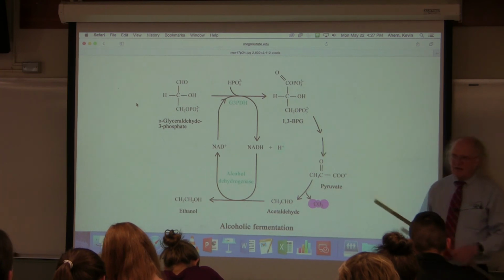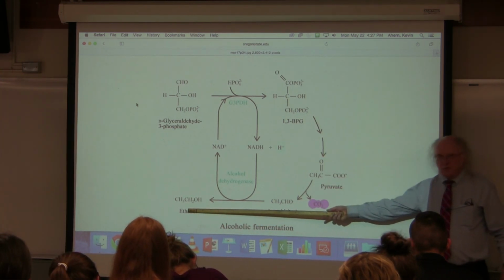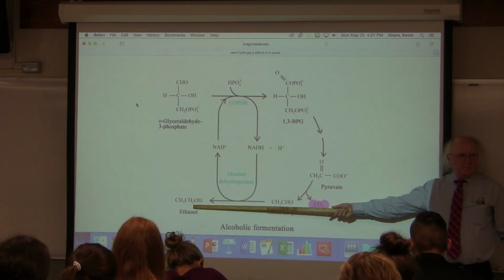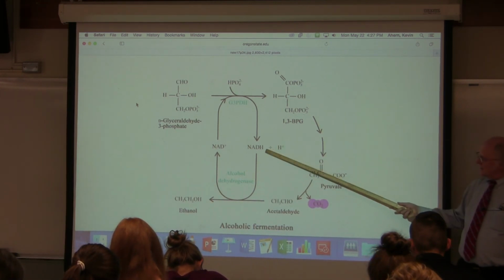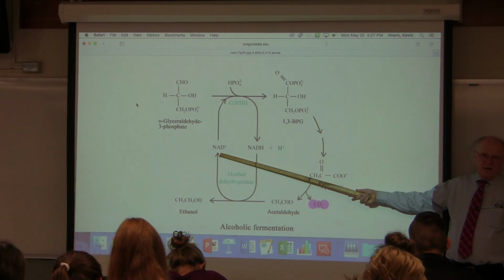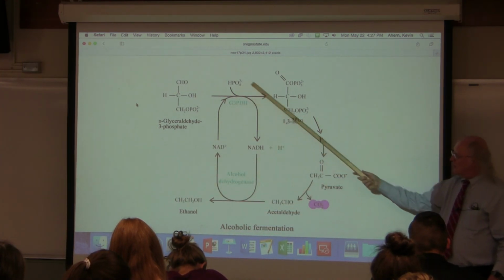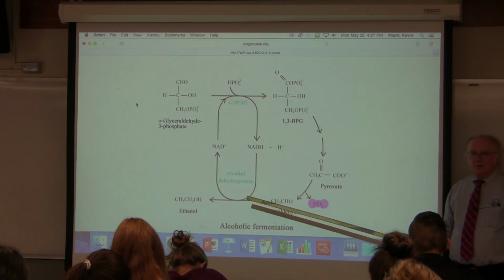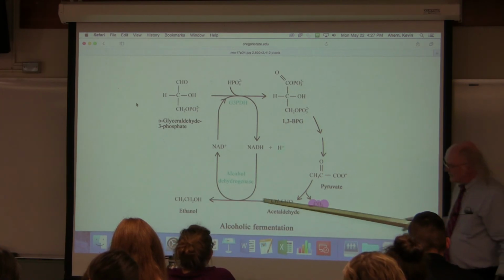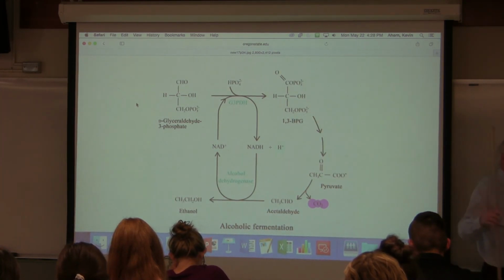Pyruvate gets converted into acetaldehyde, and then acetaldehyde gets converted into ethanol. And it's done using electrons from NADH that produces NAD. And consequently, the cell can keep this thing going. The beauty for all of us is it's continually producing ethanol. Okay?